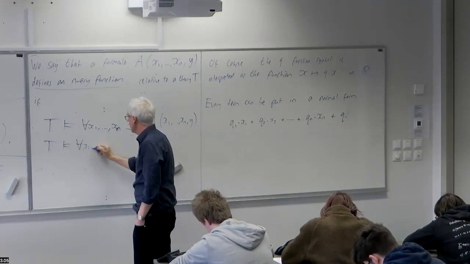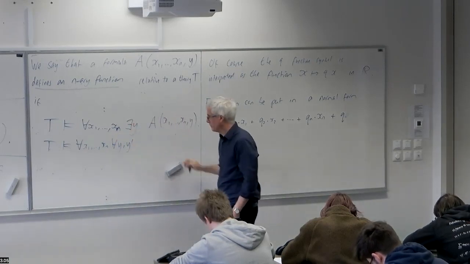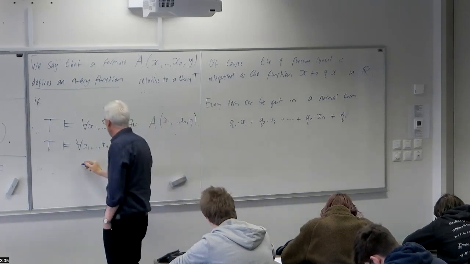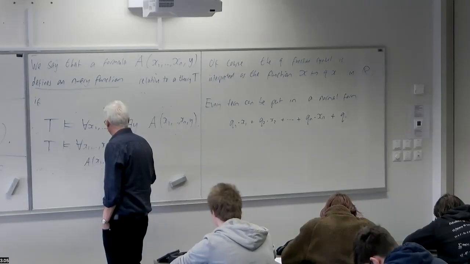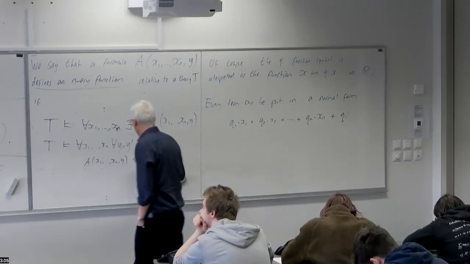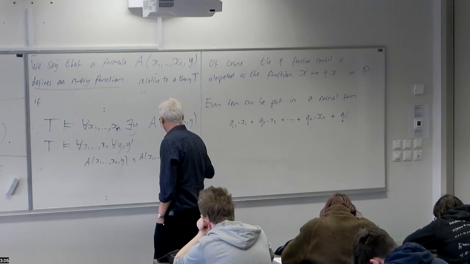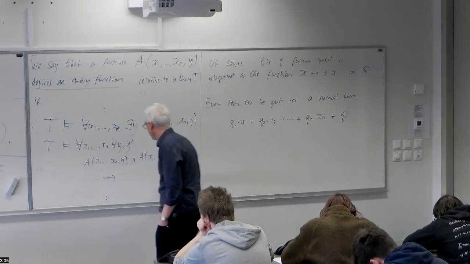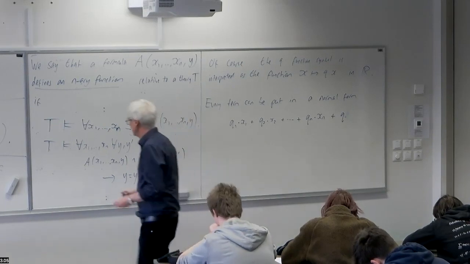Again, we can say that easily: for all x1 through to xn, and for all potential y and y prime, if y and y prime are both in the relation to x1 through to xn, then y equals y prime.